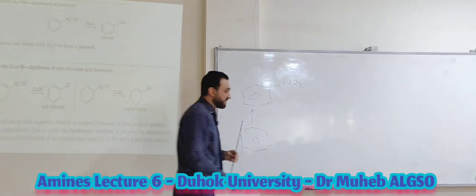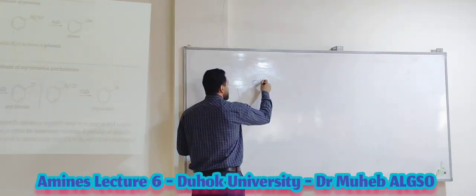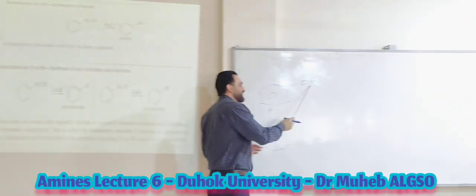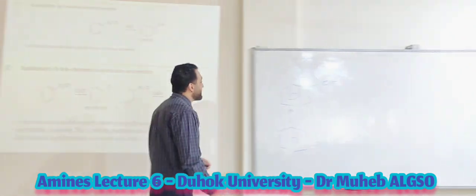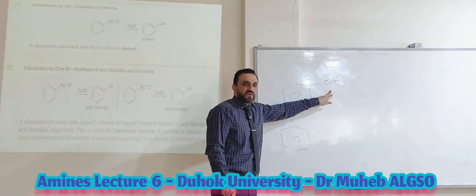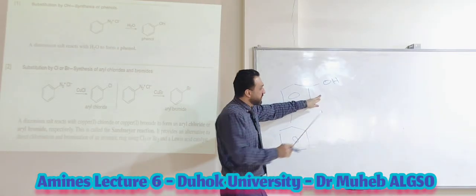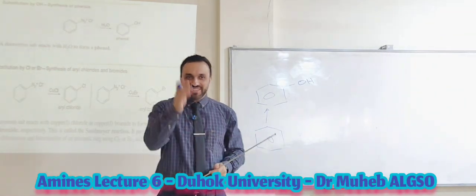Then if I want to produce OH here, there is no such reaction. To produce OH, there is no one reaction that gives you a hydroxyl group on the benzene ring.